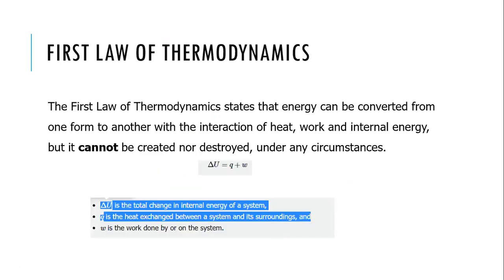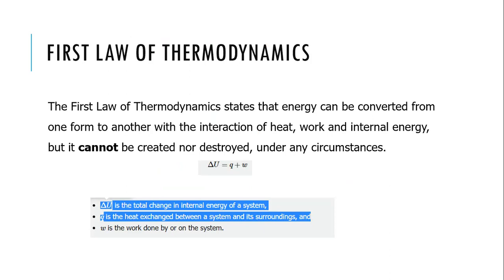The next one, the first law of thermodynamics. The first law of thermodynamics is purely based on the law of conservation of energy. What is the law of conservation of energy? In any thermodynamic system, the energy can be converted into various other forms. For example, heat energy can be converted into useful work.